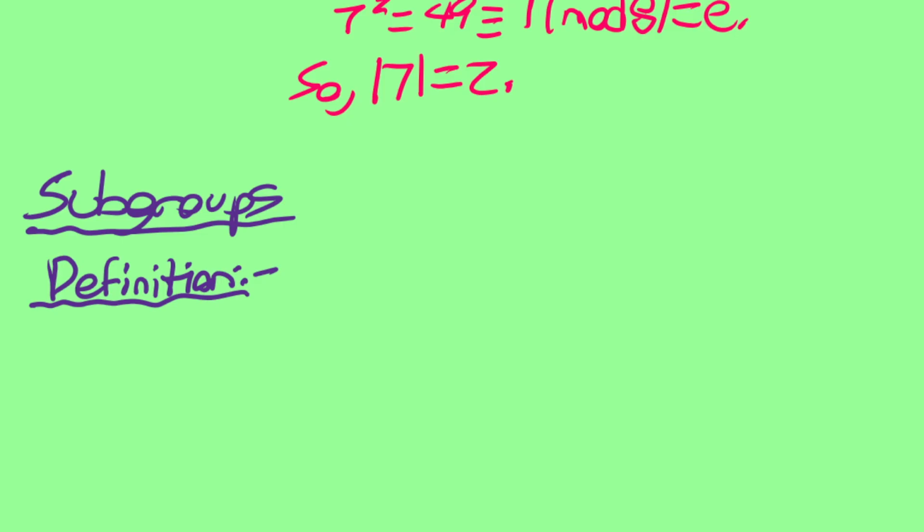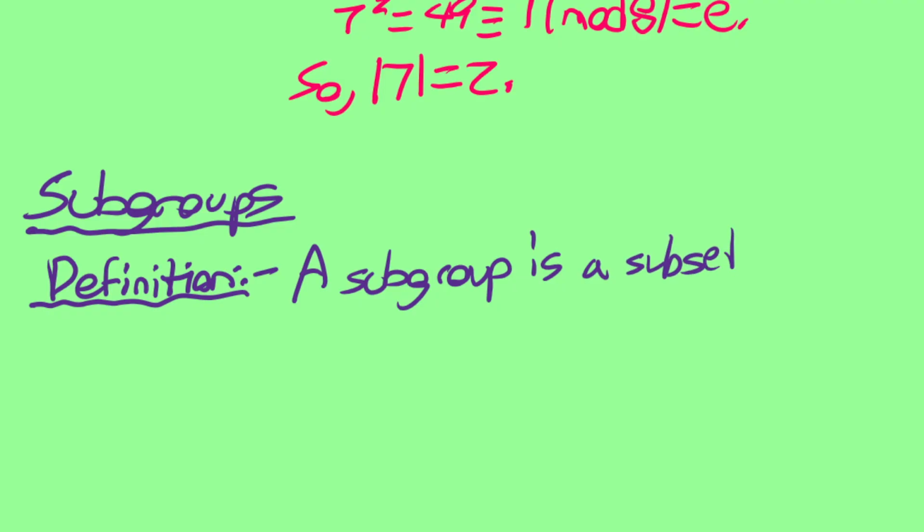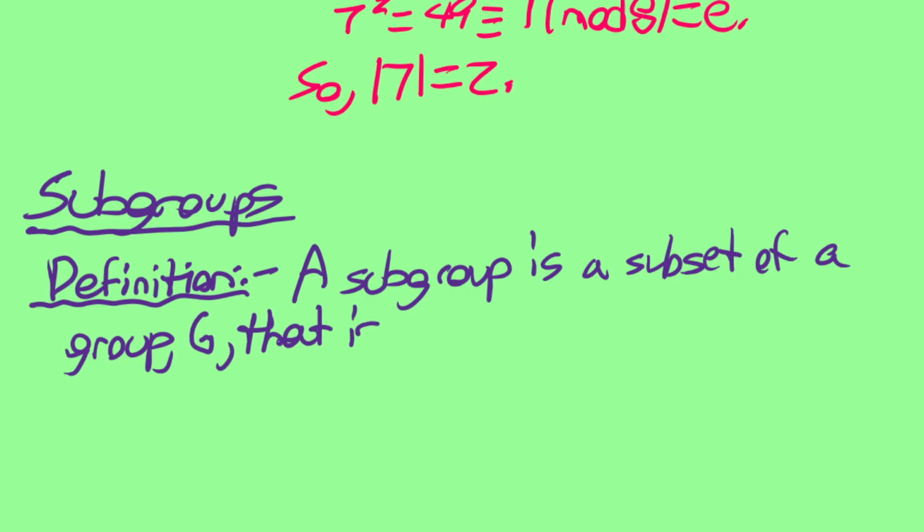So a subgroup is a subset of a group, let's call it G, that is itself a group.